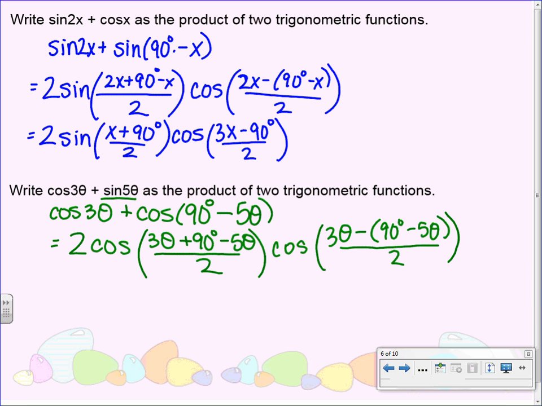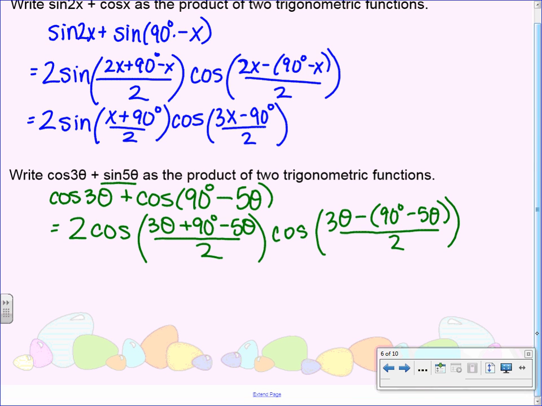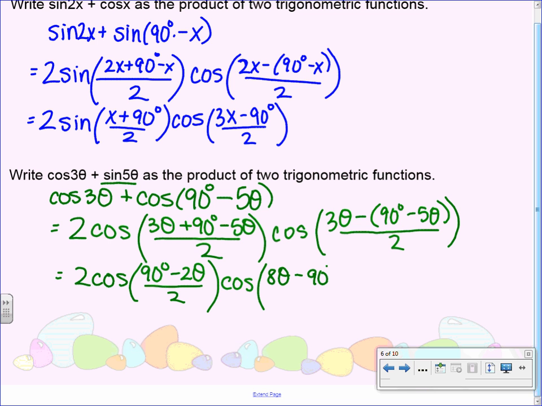What am I going to get in that first one? I'm going to have a negative 2 theta, so how about we just say 90 minus 2 theta over 2. And then the second one, I'm going to have 8 theta minus 90, I think it's minus a negative.